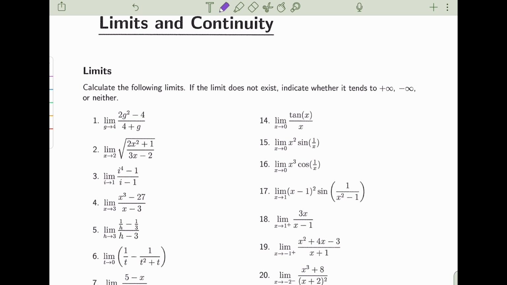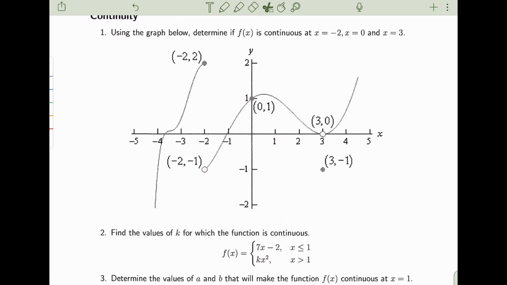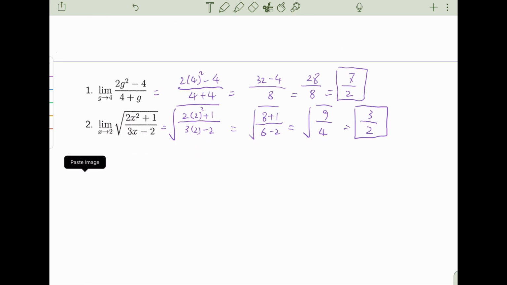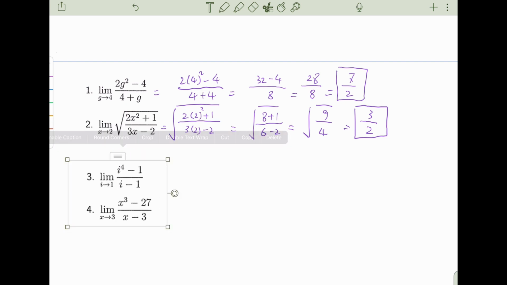Now let's move on to question 3 and question 4, which are a little more complicated. They require some work. As I said, the first thing we do for a limit is plug that value into the expression and see what we get.